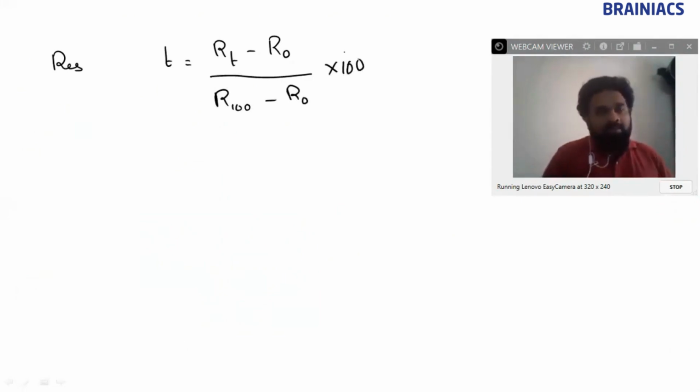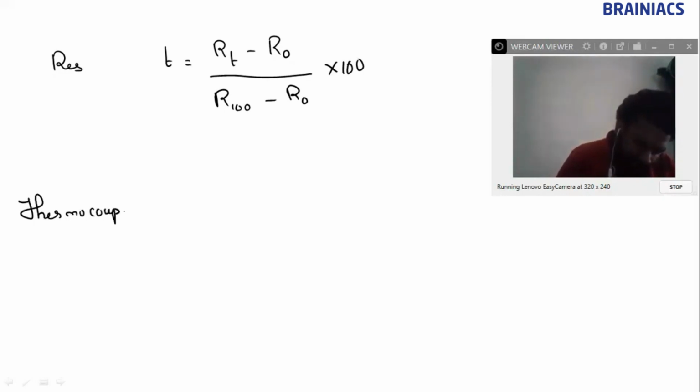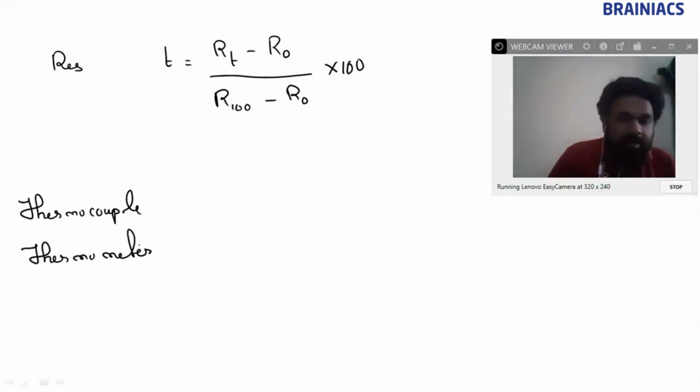One more case which I shall tell you, that is nothing but thermocouple. You will come across those questions also when you practice, so that is why I shall tell that also. So thermocouple thermometer, here the thermometric physical quantity is the thermo EMF.